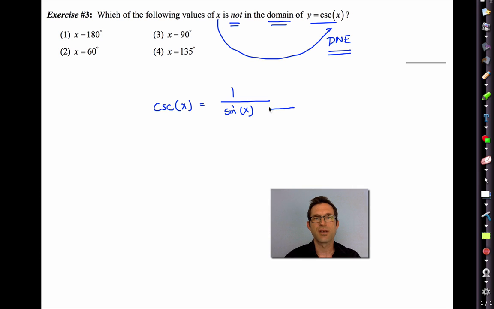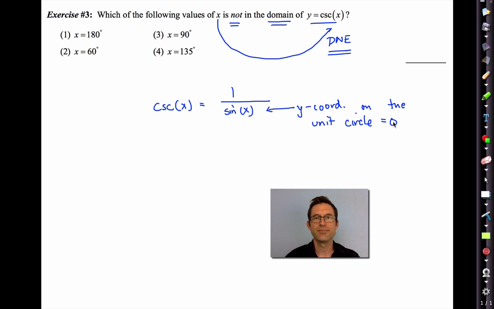Okay, and sine of x is the y-coordinate on the unit circle. So the question is, which one of those angles has a y-coordinate of 0 on the unit circle?